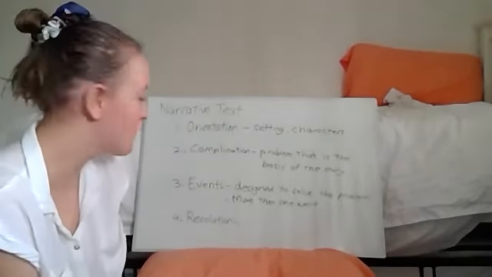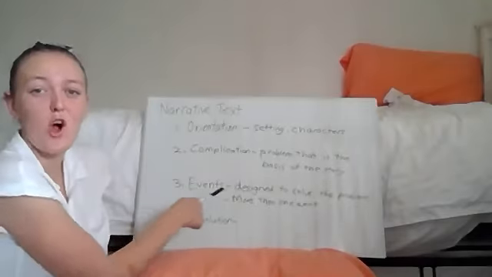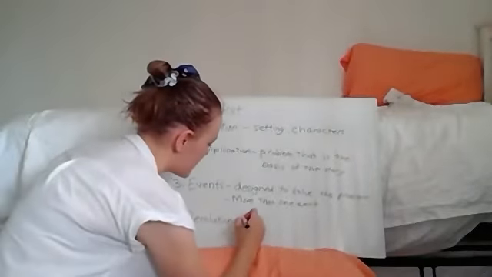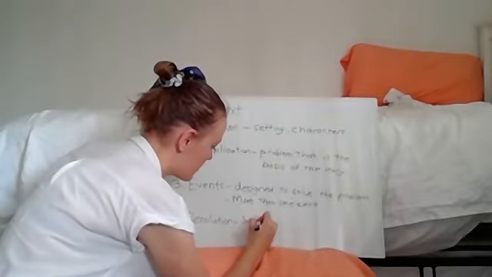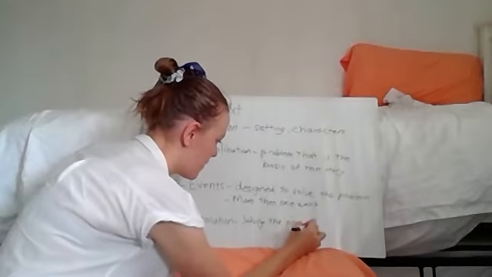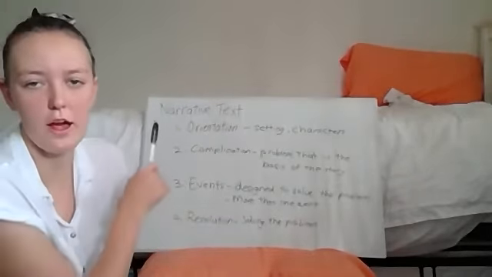That's right. So basically, after all the events and after their attempts to solve the problem, there's an overall resolution that solves the problem. And these are the 4 parts that we need to focus on for a narrative text.